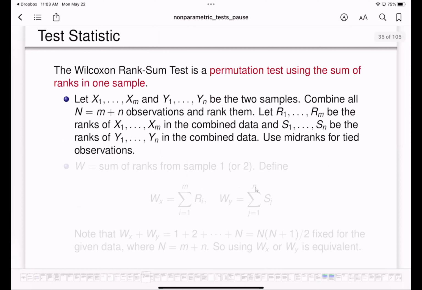Some of them are for the observations in the first sample, let's denote them as R1 through Rm, and the ranks for the second sample, let's denote them as S1 through Sn. For these rankings, if there are ties in the observations, we use the mid rank. So basically, we have all those ranks or mid ranks.